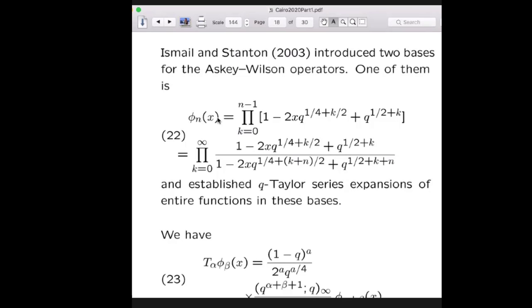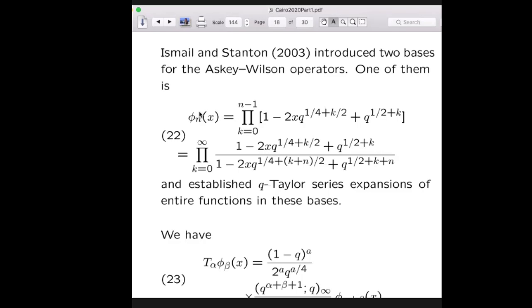Also, Dennis Stanton and I introduced another basis, which I don't want to write, but the same kind of thing happens. For this kind of basis, I can define this for n here. This is a product of n terms. I can multiply and divide by an infinite product to make it a quotient of two infinite products. If I do this, then this is defined for any n. n doesn't have to be an integer.